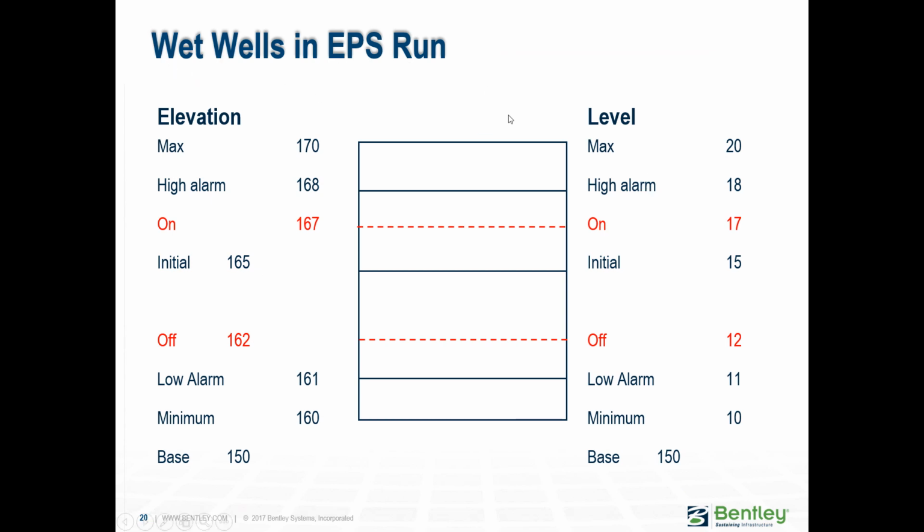Okay, wet wells. You notice when you input the data for the previous workshop that we had you enter the elevation. I kind of prefer always to use elevation rather than level, because all these levels are in reference to the base elevation, but sometimes people forget, and this way, if you've entered elevation of 170, that is in regards to all the elevations and all the nodes in your system.